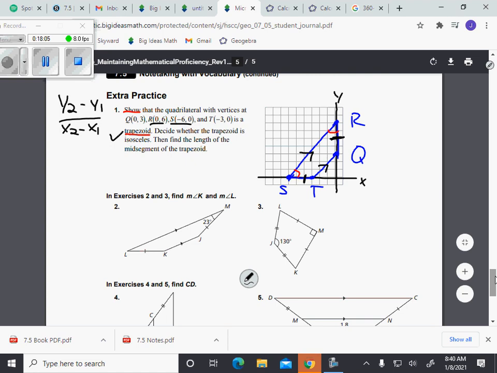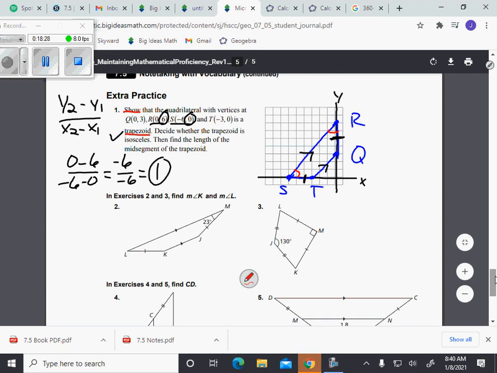Our y2 is 0 and our y1 is 6, so 0 minus 6 over x2 minus x1, which is negative 6 minus 0. That equals negative 6 over negative 6, or 1.